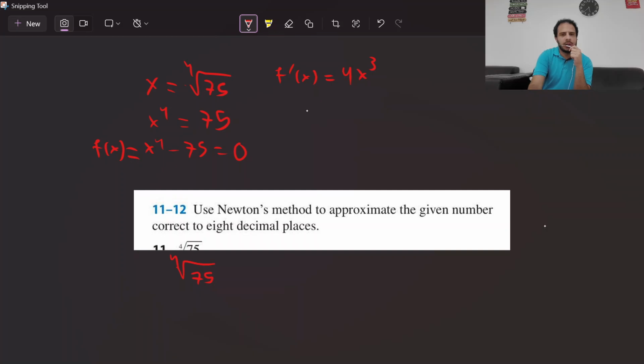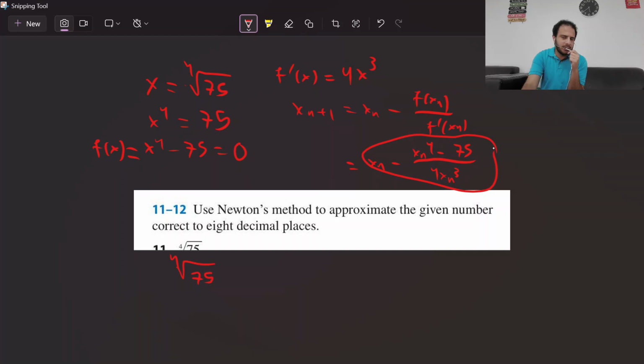Now, the formula: xn plus 1 equals xn minus f of xn over f prime of xn. Substitute, you get xn minus (xn to the 4 minus 75) over 4xn to the power 3. Now I have a suggestion, but as you like. You can make a common denominator and add them to make it easier when you substitute in the calculator.